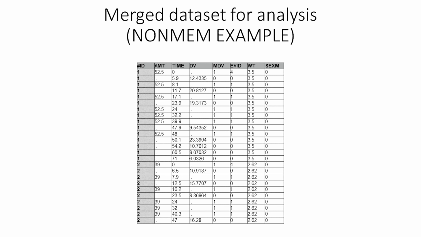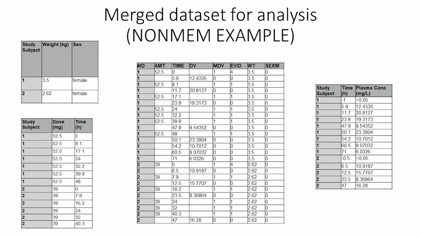You see the study subject ID appears at the far left, and different elements here, but we will go through these individually in a moment. Now, I've superimposed the original table formats, or at least excerpts or subsets of those initial table formats, to illustrate this.